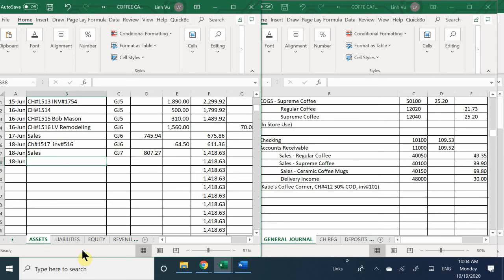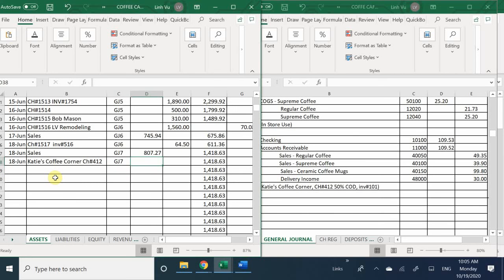So I'll write right here, Katie's Coffee Corner, check number 412. All right. General Journal number 7.